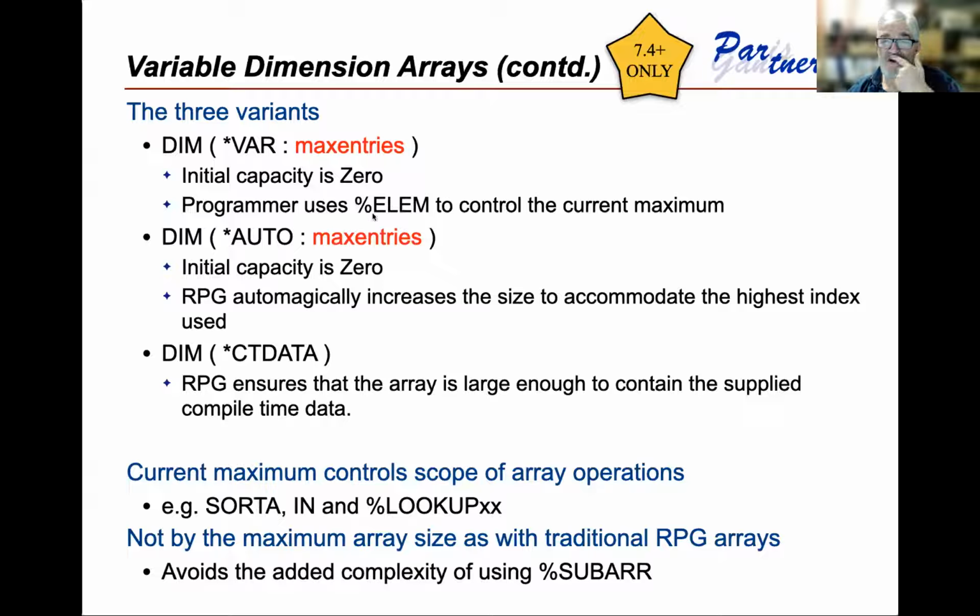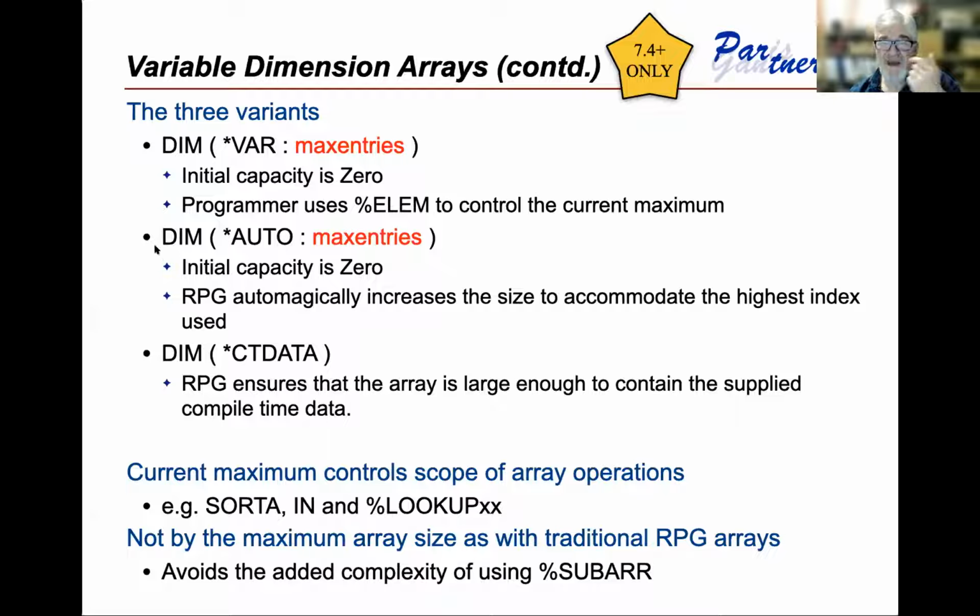And whatever the current maximum is, that's what will impact sort A, in, lookup, etc. It will automatically constrain their operation so that you don't have to worry about it. That to me is one of the critical things. I don't have to worry about whether I have spurious entries at the end of the array or anything like that.